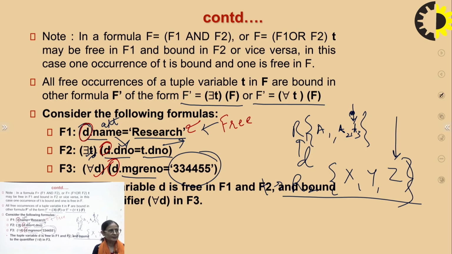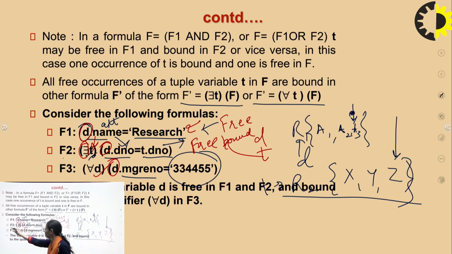But why is D free? Because this exists quantifier is working on tuple T and not on tuple D. So in the case of F2, if I talk about D, it is free. But if I talk about T, then it is bound for this particular formula.